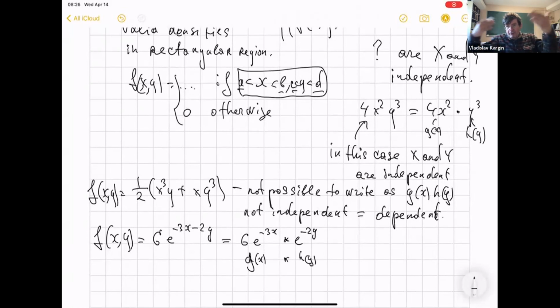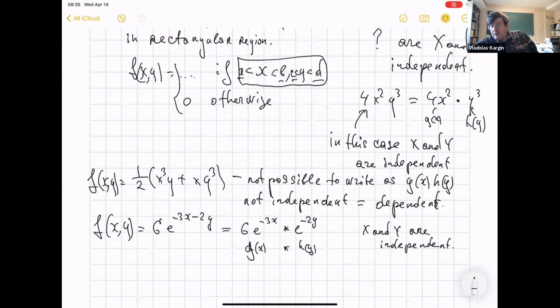And also I promised you that the range is rectangular and that this is a valid density, so you know that these x and y are independent. So it's very easy to check whether two random variables are independent if you know the joint density, the upshot of all this discussion.